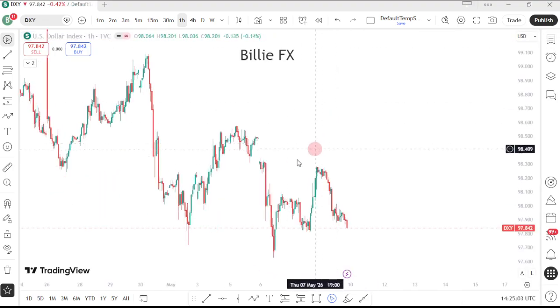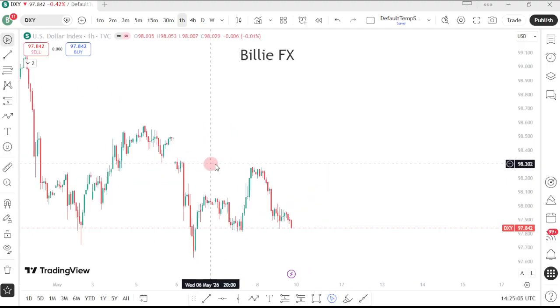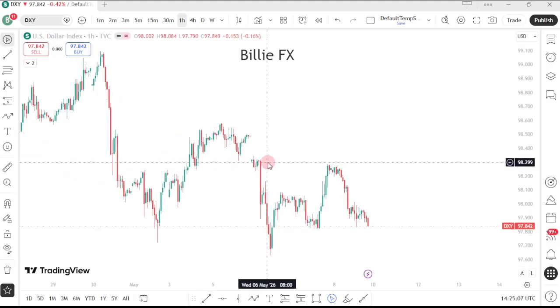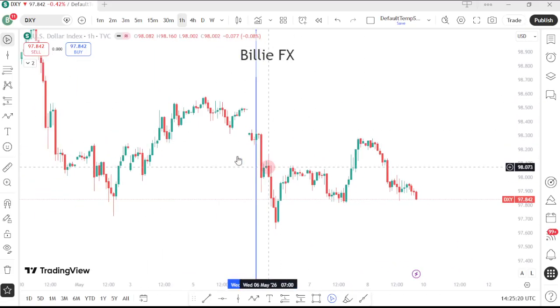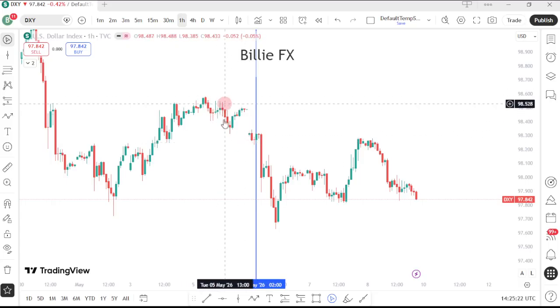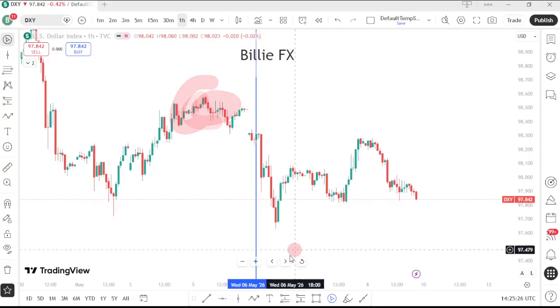So the dollar index around 6th May, that was Wednesday, based on gold. 6th May, Wednesday, that was around this area. Let me put a vertical line there. 6th May, Wednesday. Now, if you look at the dollar index, you can see that we are already dumping, right? So the dollar index is extremely weak. Look at the market structure that the dollar index was forming, right?